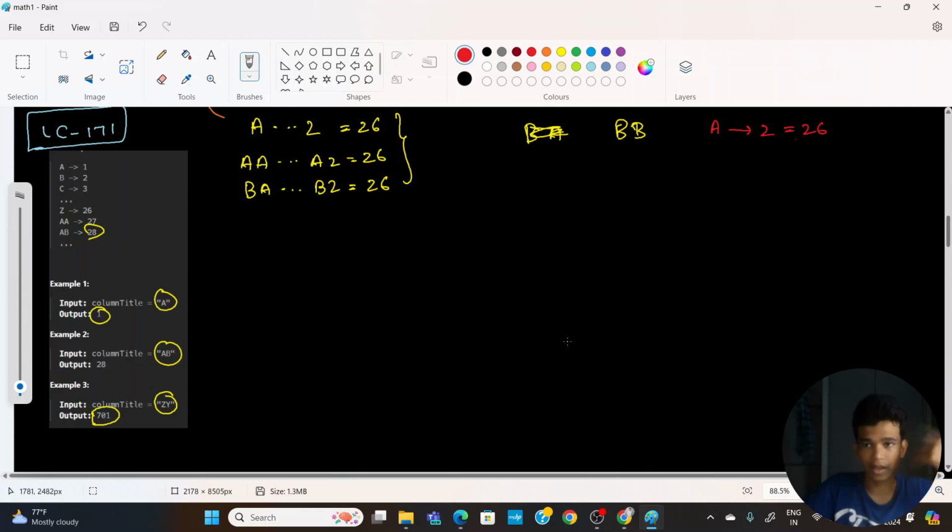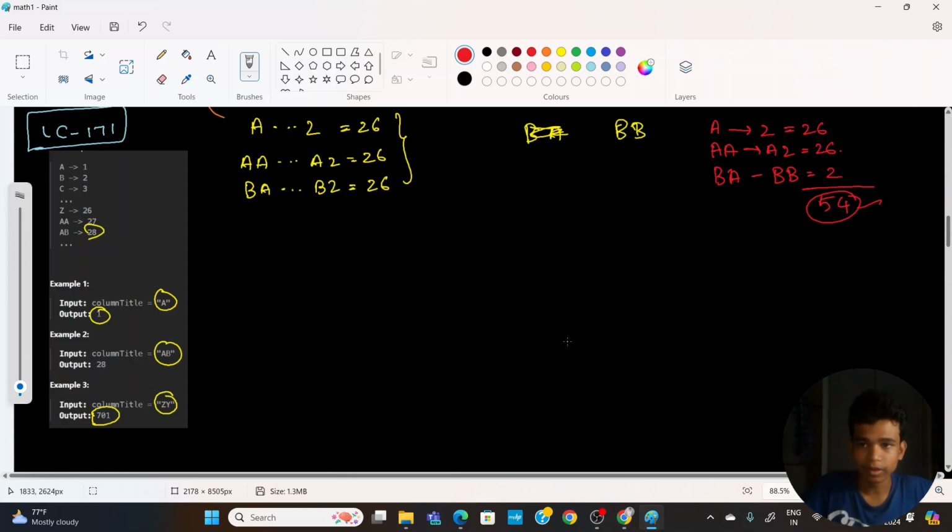Then again, it comes from AA to AZ, again completed 26 times. Again, it entered BA and BB, which means 2. So that's why we are getting 54. Can you understand this? Okay.